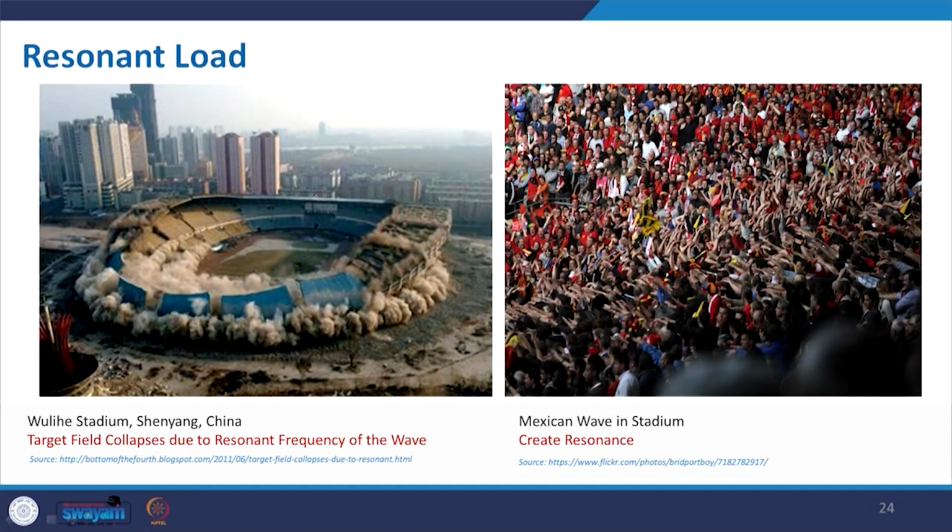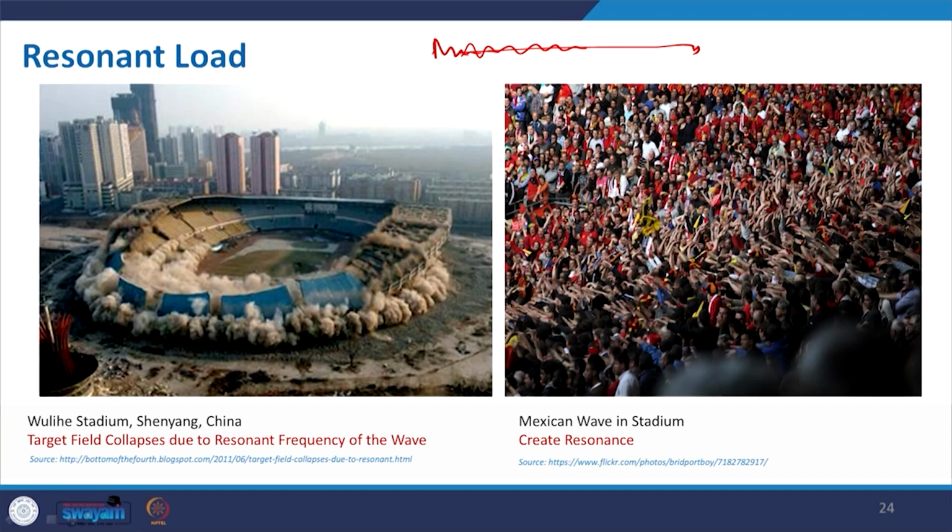So, what is resonance? When a wave generates, and over a period it propagates, it will create resonance. Sometimes we experience this with the Mexican wave when two great teams are playing football or cricket.